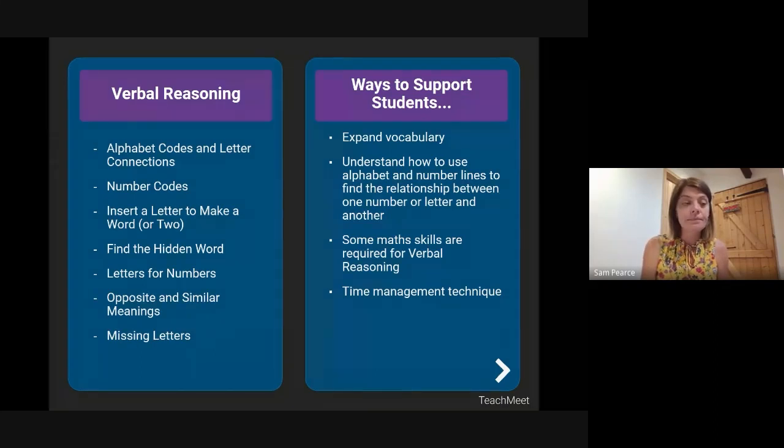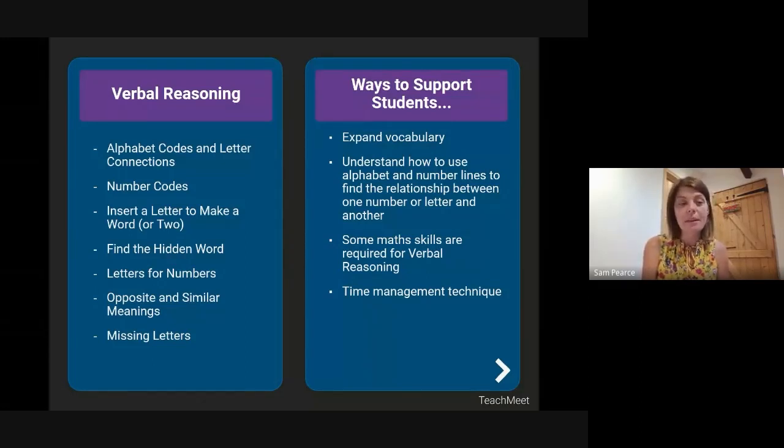And then again, that principle works for number codes. So you may have a set of numbers and then a set of corresponding letters, and you need to find their relationship. Insert a letter or missing letters are where you may have a word or 2 words and you have a letter that's missing that you need to then add in to complete those words or that word that's given. Find the hidden word, we just had a look at when we were looking at sand, that sort of question type. Letters for numbers is always interesting.